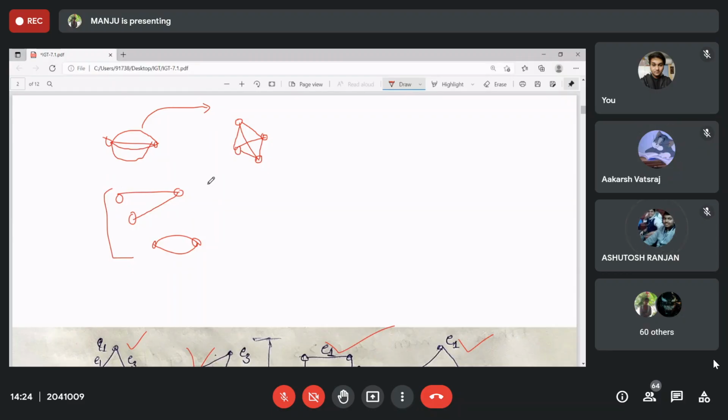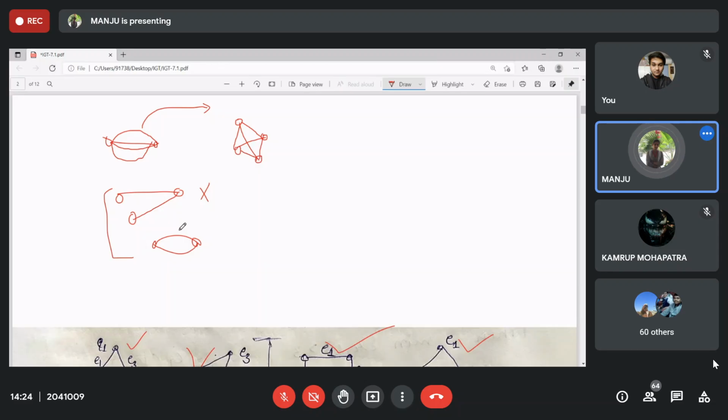No, ma'am. When these have one common point, right? Now they have both common points, two common points, both the end vertices are the same. Now can you use the same color to color these two edges? No, ma'am. You cannot use the same color to color both these.